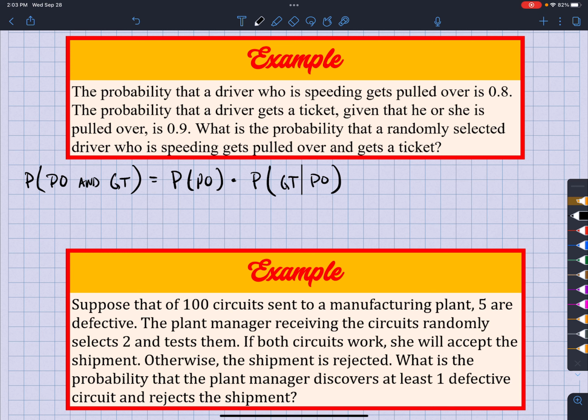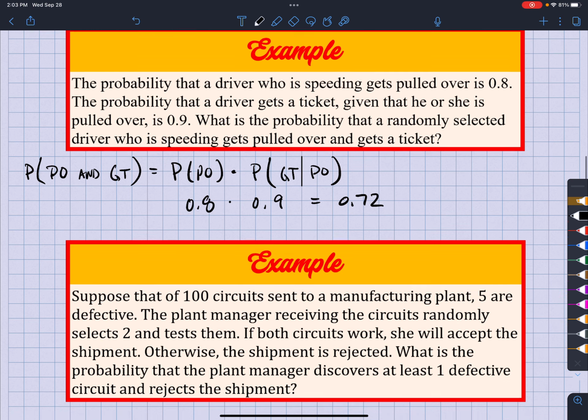What is the probability of getting pulled over? That is 0.8. What is the probability of getting a ticket given that they're pulled over? Well, that's what it says right there, given that he or she is pulled over, is 0.9. So this is going to equal 0.72 as a probability.